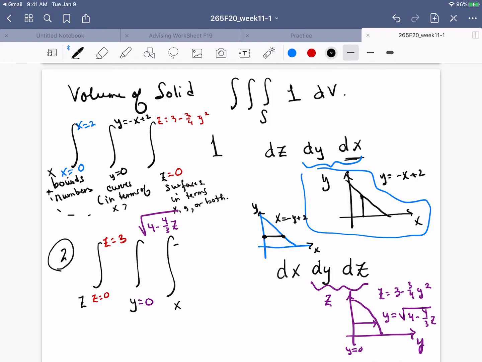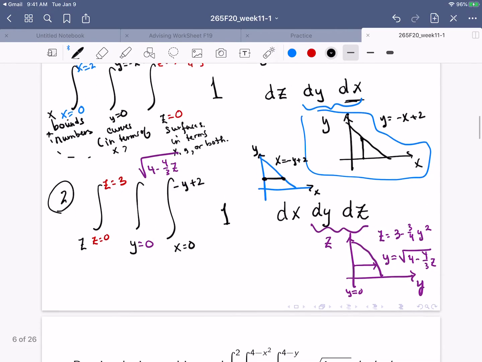So this would be x going from 0 to negative y plus 2. And I would be integrating the function 1. Okay, any questions on that?